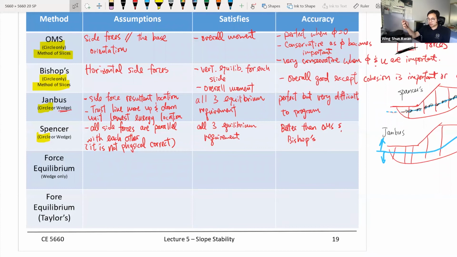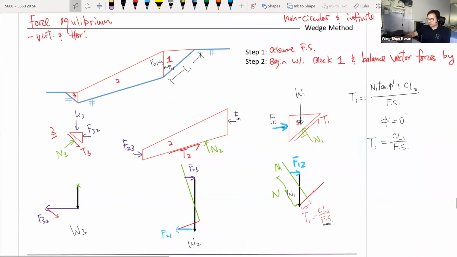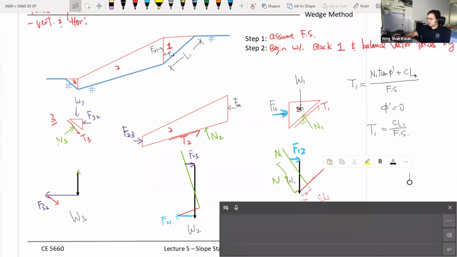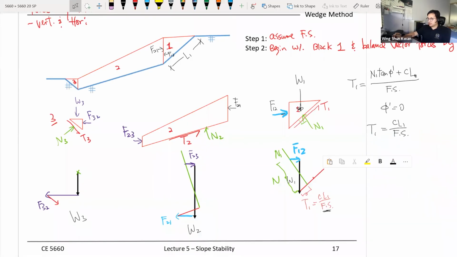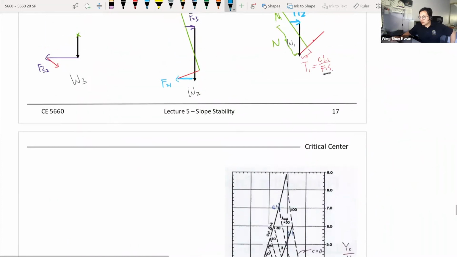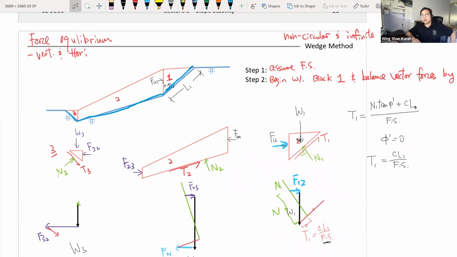Maybe you have a wedge type of failure geometry. For a scenario like this, when you don't have a circular slip surface, now you have a failure surface like this one. So you fail as a wedge. Then there's a wedge method that you can apply.